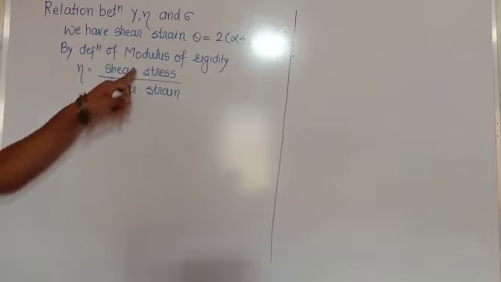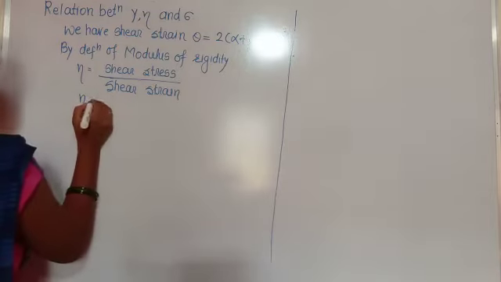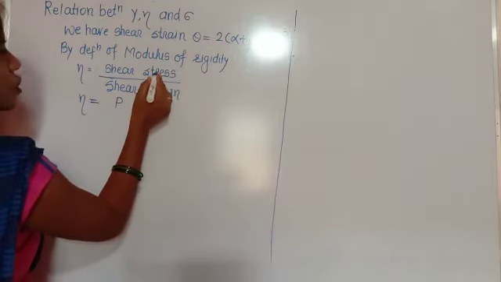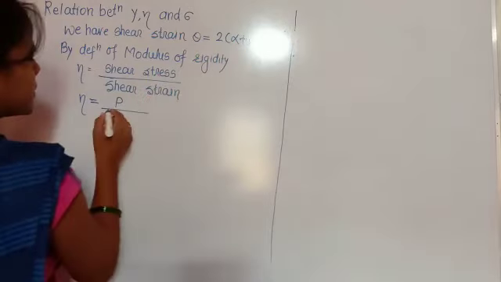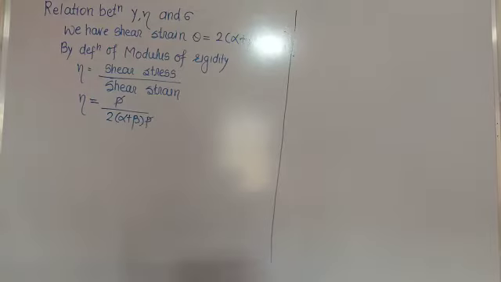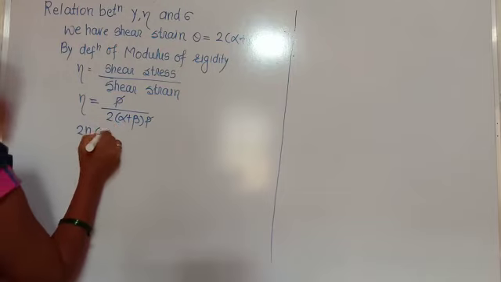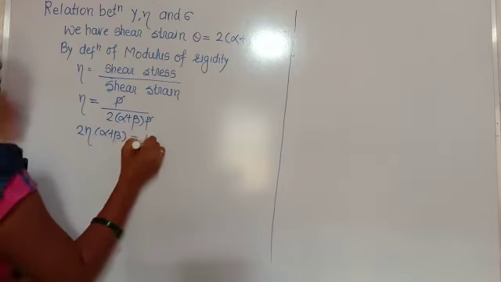The shear stress has the formula which we derived already in the previous classes. Here also we use P, because this is nothing but force per unit area, and the shear strain is twice alpha plus beta into P. Cancelling P, and by cross multiplication, we get twice neta (alpha plus beta) is equal to 1.